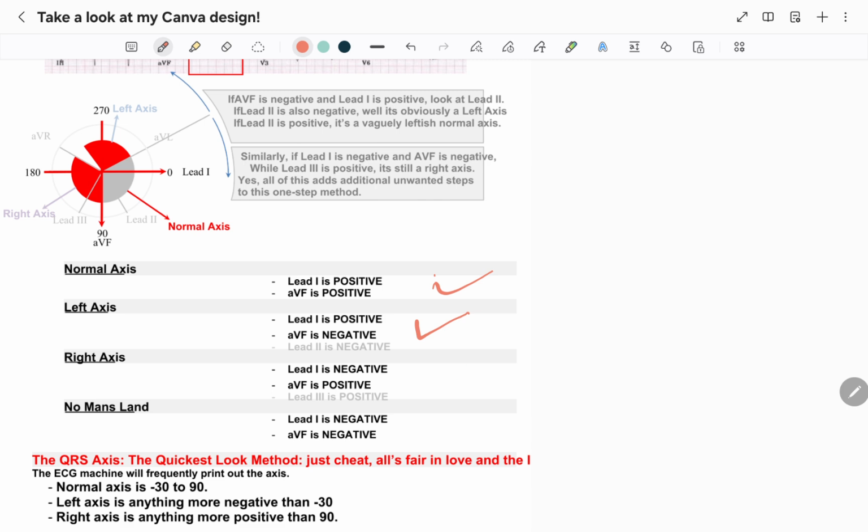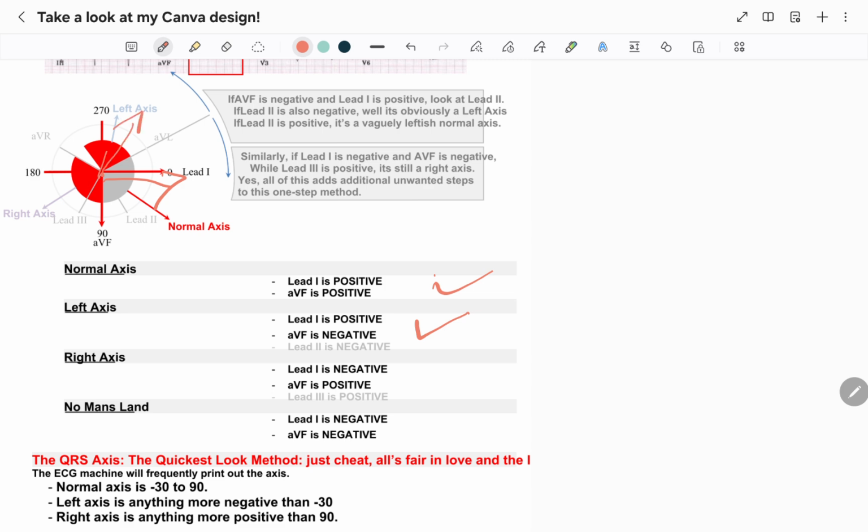But let me explain that here. So if, for example, your lead 1 is positive, as you can see here, and your AVF is negative, where is that? So lead 1, as we can see, is positive, and AVF, when we say something is negative, that means it is going against the direction it should go, going in the opposite direction.